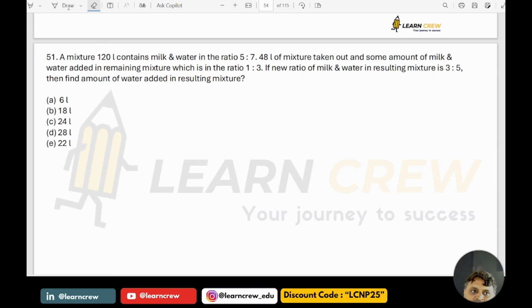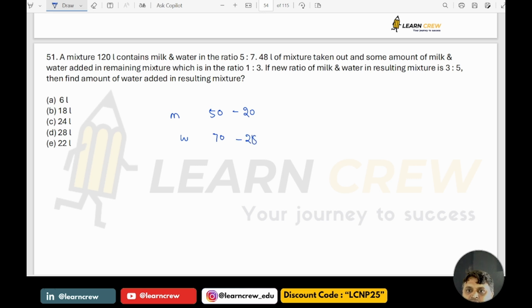So 50 and 70. 50 is milk and water is 70. When 48 liters of mixture is taken out, 12 parts is 48, each part is 4. Each part 4 means 5 parts is 20, 7 parts is 28.